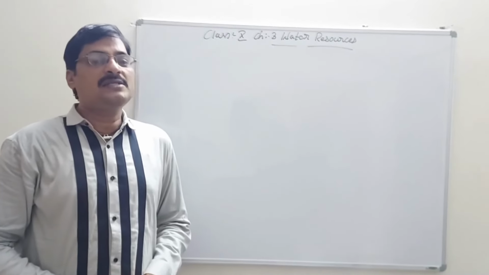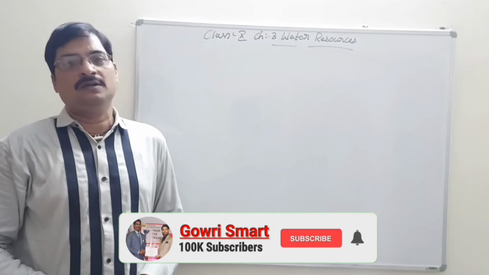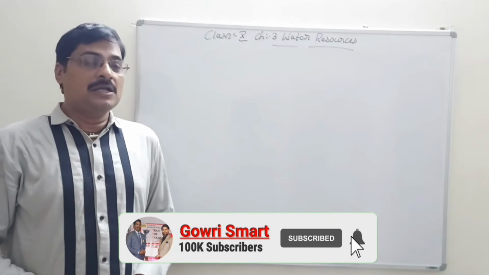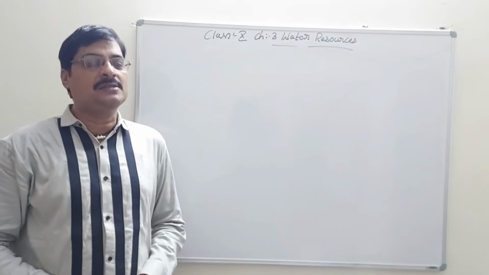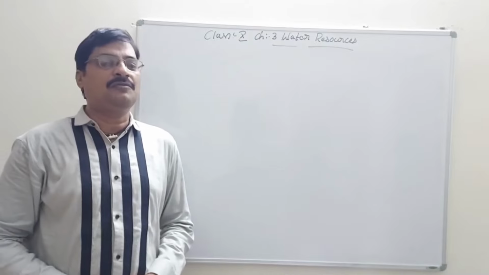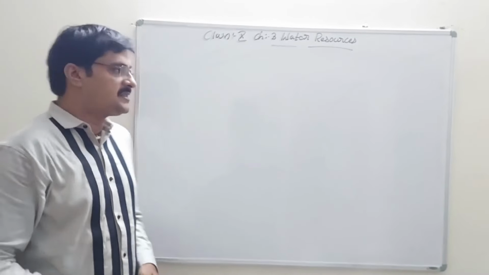Yes, water plays one of the most important, vital roles in our nature. But how much percentage of water is available on the earth's surface? 70% of the water is available on the earth's surface.